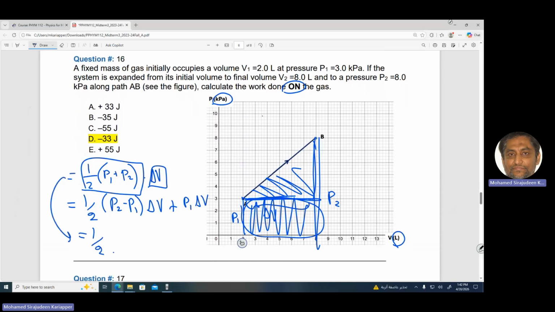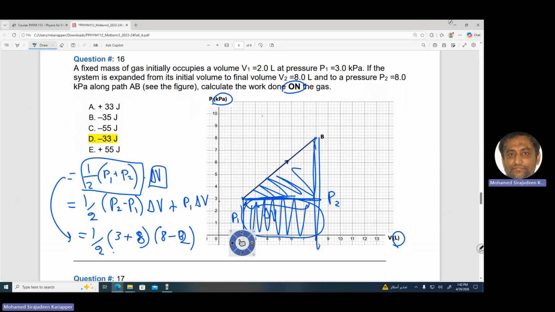Half, absolute value, I mean just to get the positive value. P1 is 3. P2 is 8. And delta V is, how much is this here? 8 minus 2 is 6. Right.